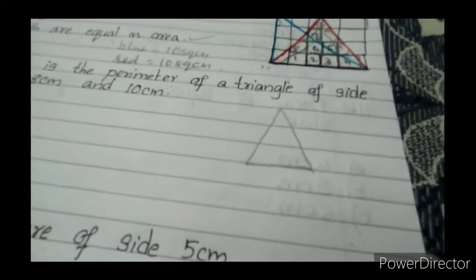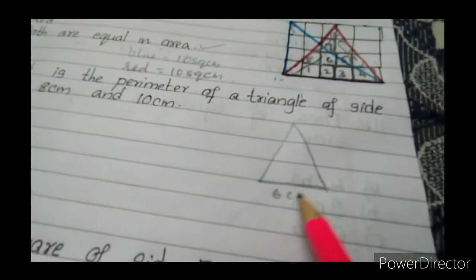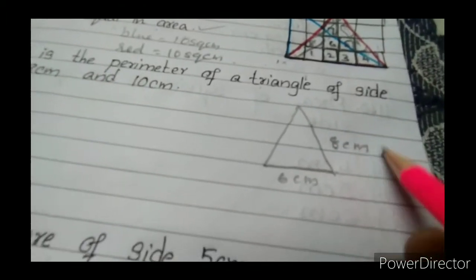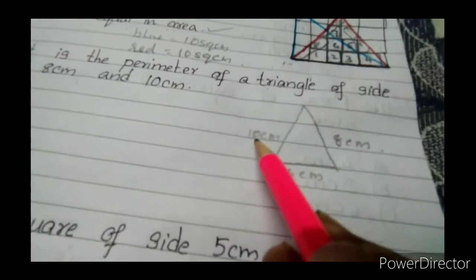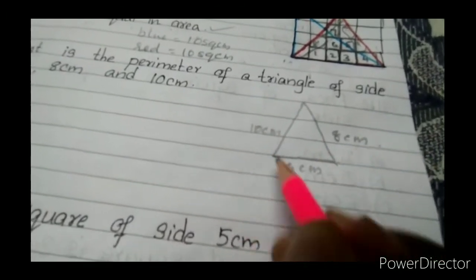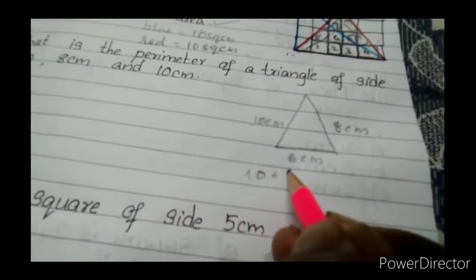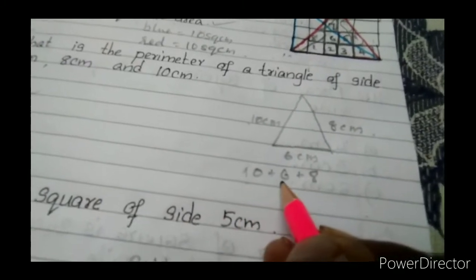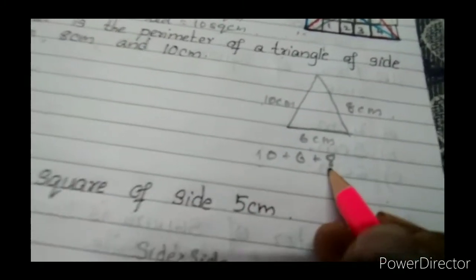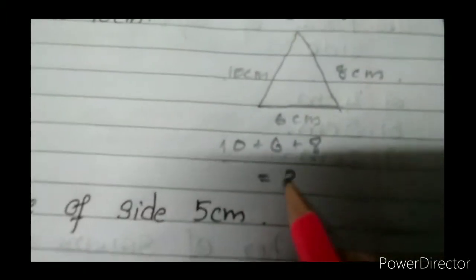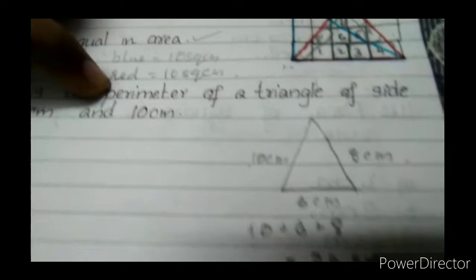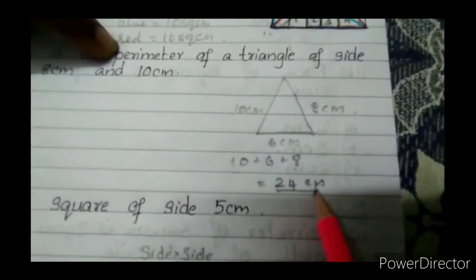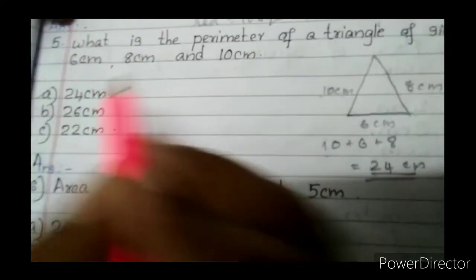That means 10 plus 6 plus 8. 10 plus 6 is 16. 16 plus 8 is 24. For perimeter, you have to write centimeter. So we write 24 centimeter. Answer is A, 24 centimeter.